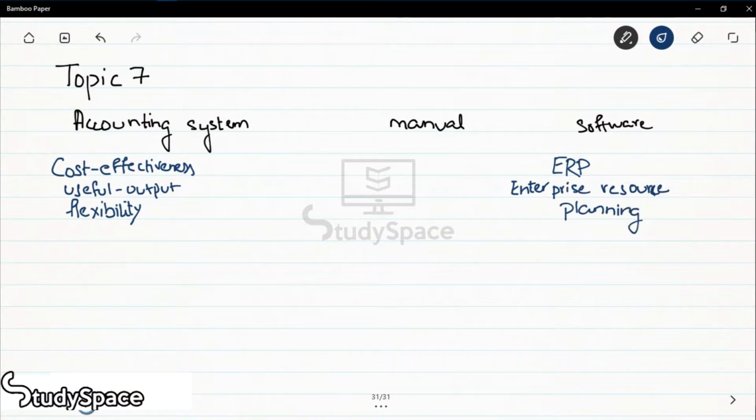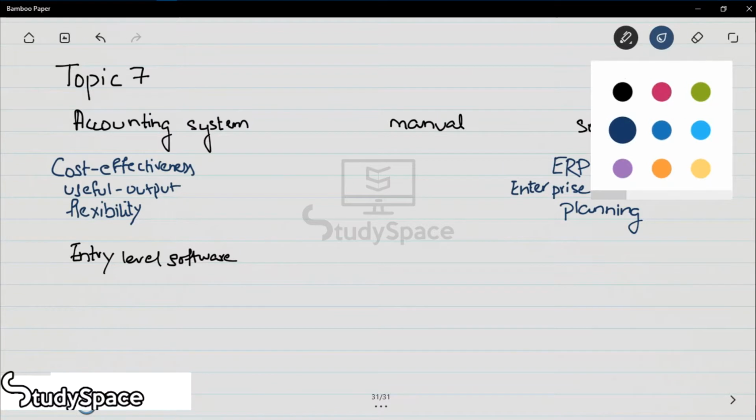Now we're going to discuss some of the features of an entry-level software. An entry-level software makes it easier for us to access data and prepare reports.